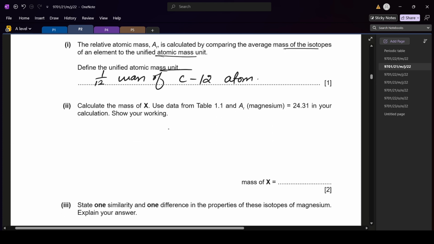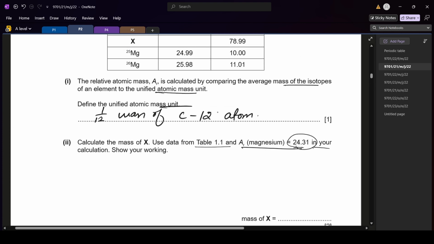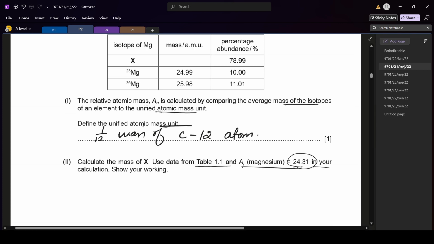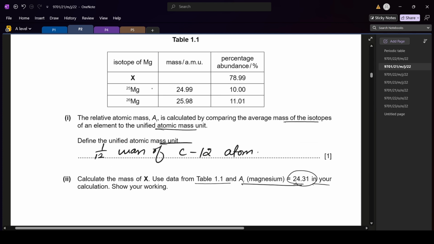Part 2. Calculate the mass of X. Use data from table 1.1 and Ar of magnesium, which is 24.31, in your calculations. So how are we going to do this? Here you are given the masses of two isotopes and the percentage abundances of all isotopes.